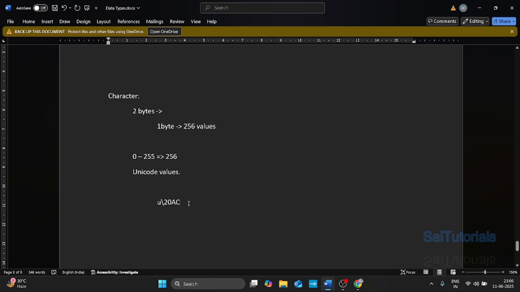So what is a hexa number? In the hexa number we have totally 16 characters. It starts from 0 and goes up to 9, and for the remaining values, in numbers we have only 0 to 9, right? So what about the remaining? That's why they use the English alphabets A, B, C, up to F. Okay, so it is totally 16 characters.